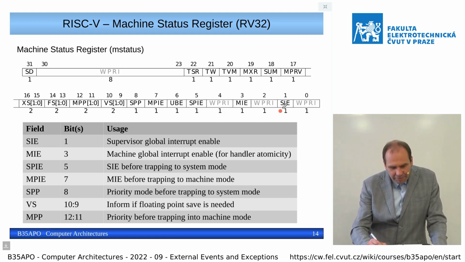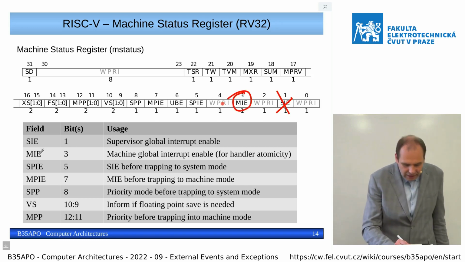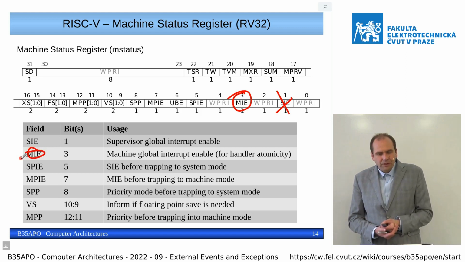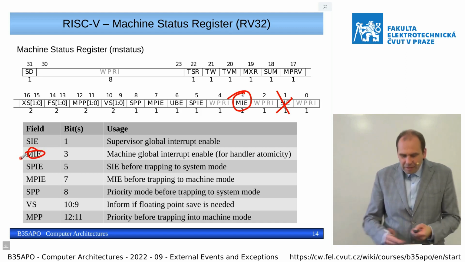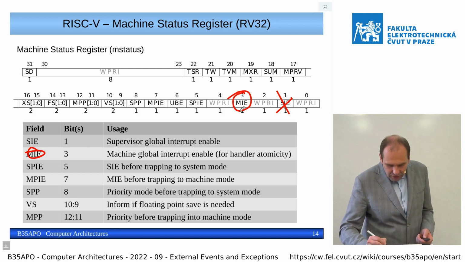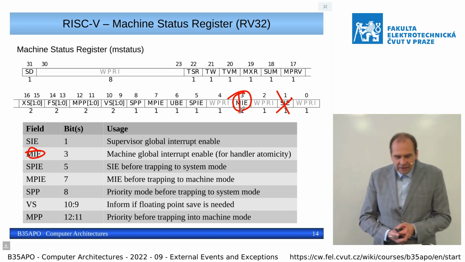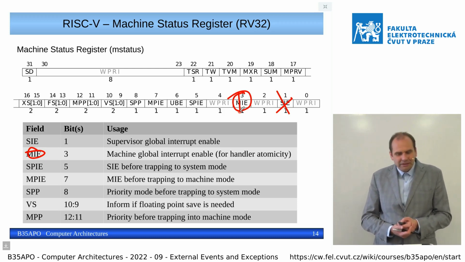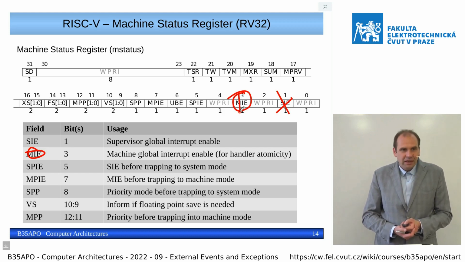And what are the bits there? There is interrupt enable for supervisor mode, we do not take care of it, but what is important, there is the global interrupt enable for the machine level of interrupt processing. You see, they are speaking about exceptions, but the register is interrupt enable.